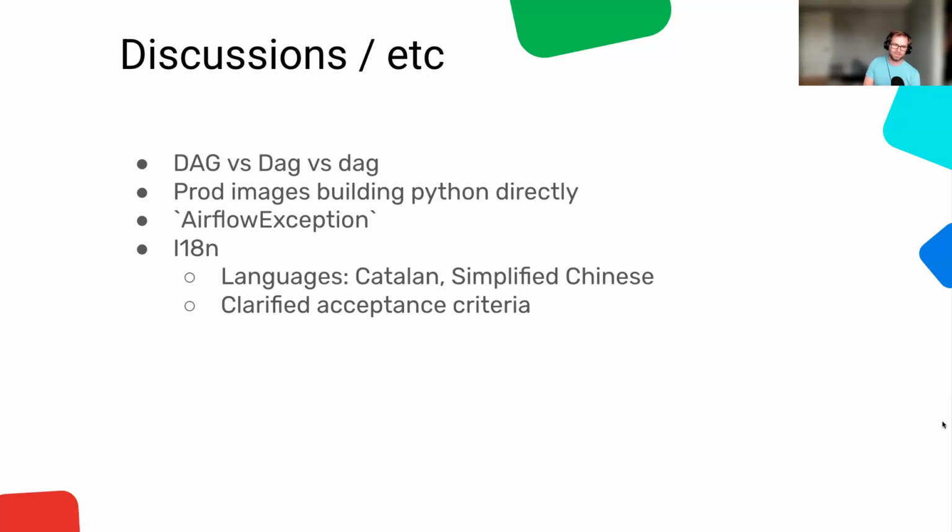On the language front for the 3.1 UI, there was some traffic about, I'm probably going to butcher this, Catalan and simplified Chinese languages being added. Based on some of these newer languages that have come up, we also clarified some of the acceptance criteria. Hungarian too, thanks, Jarek.